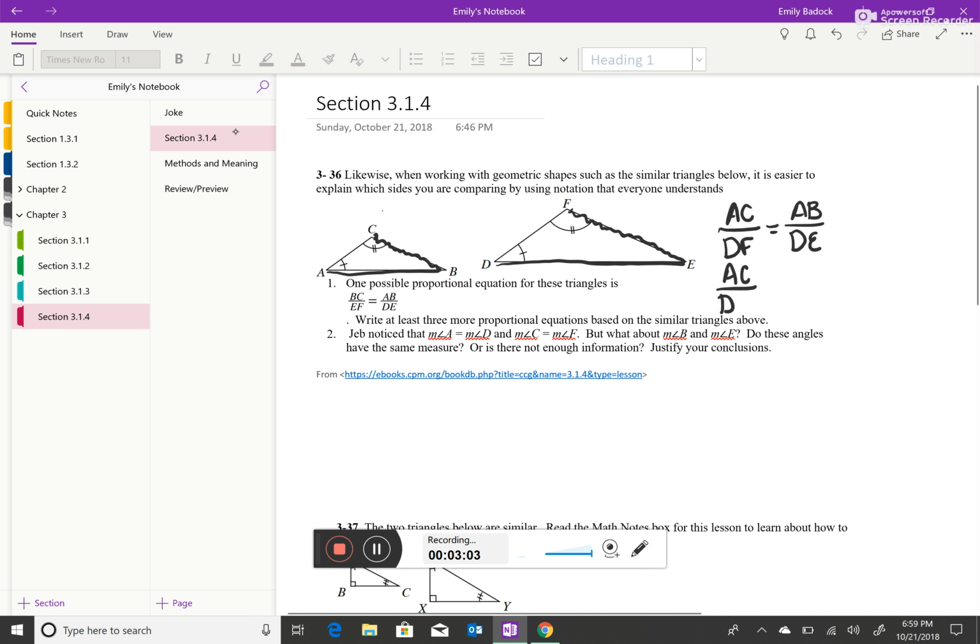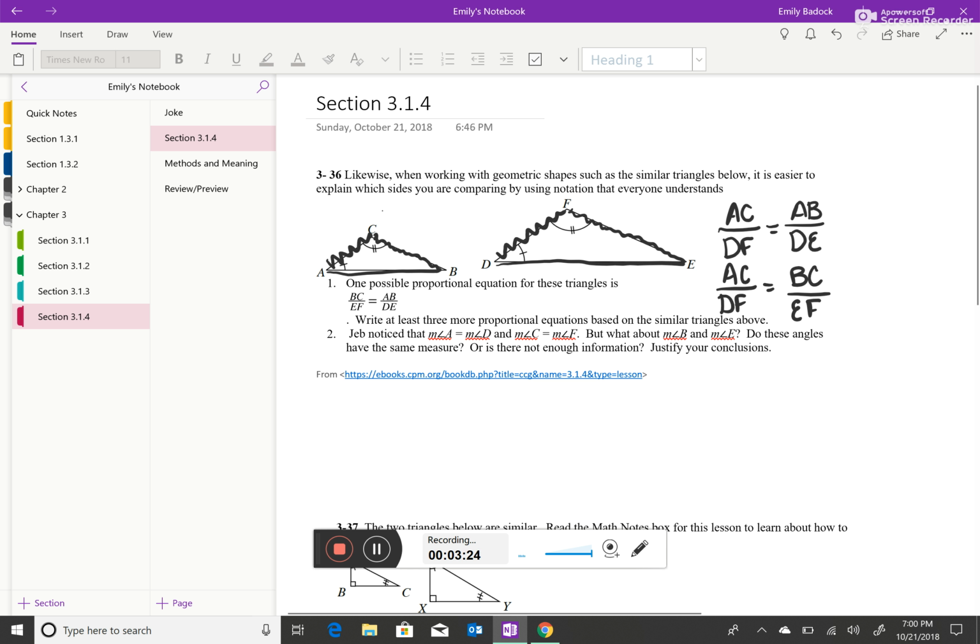AC over DF is equal to BC over EF, and so on and so forth. You're just matching up the right sides with the correct proportion. So that one's pretty self-explanatory.